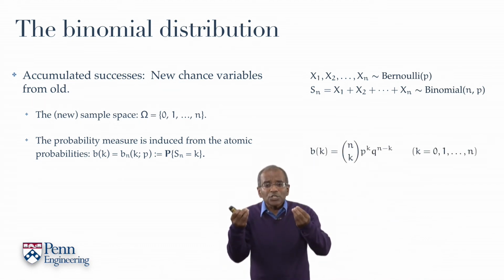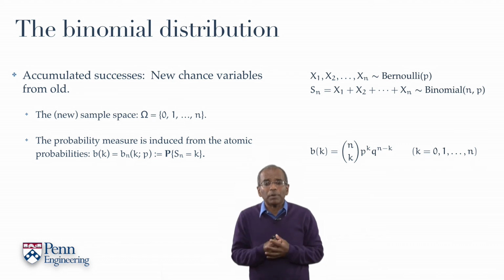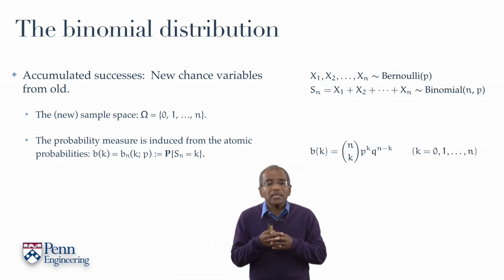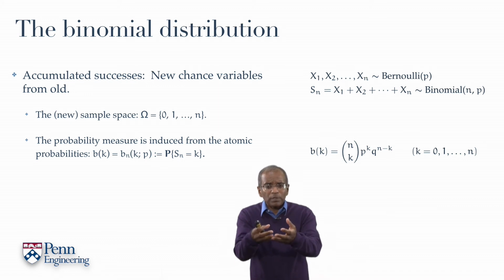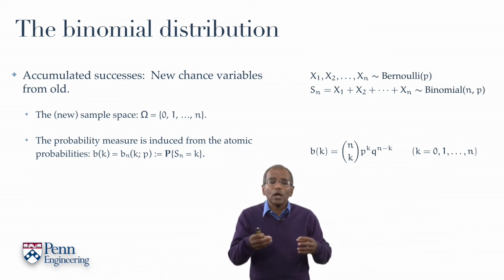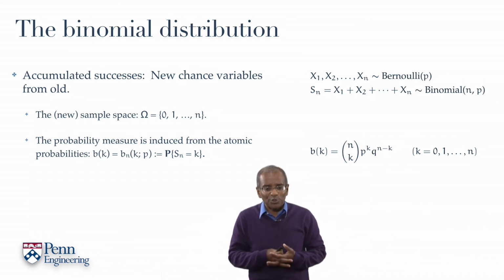And this distribution, this atomic probability law, is parameterized by two parameters, the number of trials n and the success probability p. So k is your free variable. k is going to run between 0 and n. And for every choice of n and every choice of p, we've got a new binomial distribution.